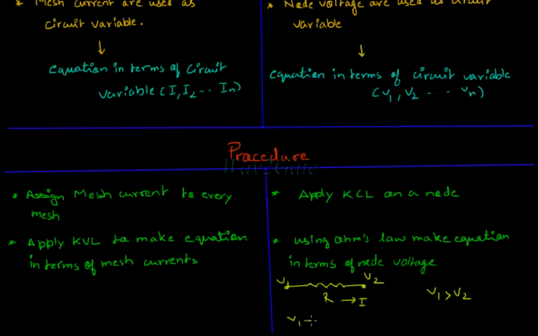Therefore, V1 minus V2, then as per the direction of current, the voltage drop across the resistance, that is minus IR, is equal to 0.